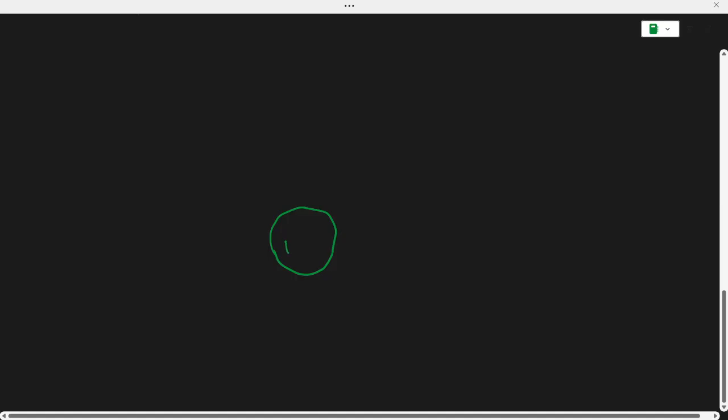Okay, so the first set that we are going to have is the set of natural numbers. And the second set that we are going to have is the set of whole numbers, because we are including 0.